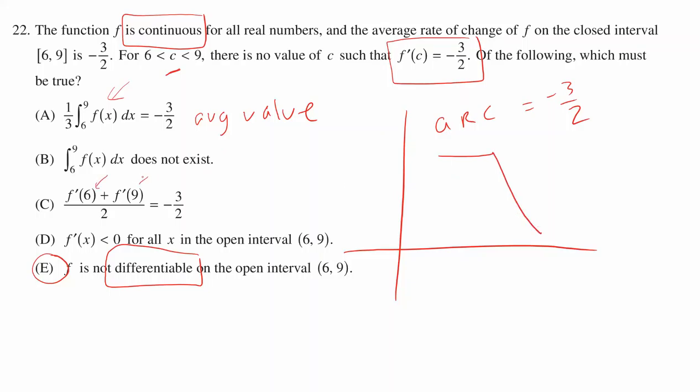This one would be finding the average derivative, and then this one would be saying it's always decreasing, which definitely does not have to be the case. It can increase a little bit, decrease a little bit. So E, not differentiable. The mean value theorem, good to go.